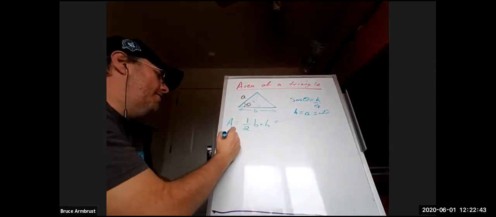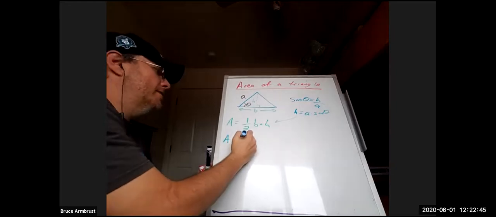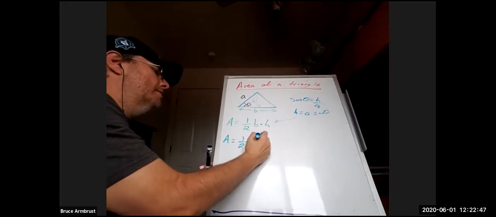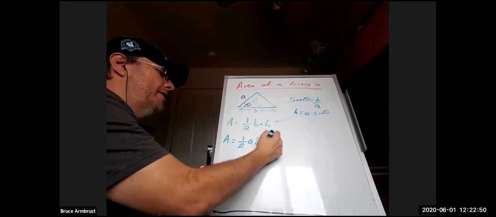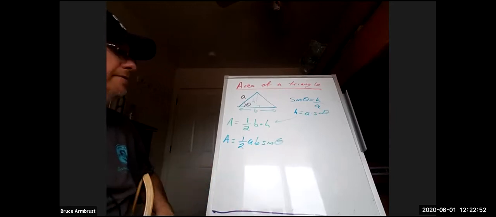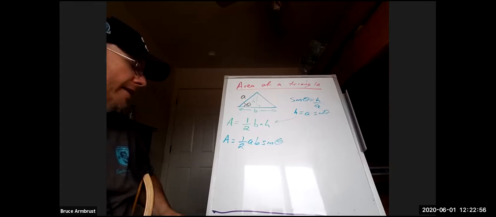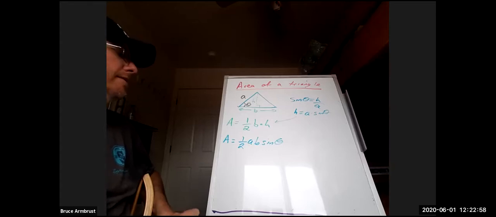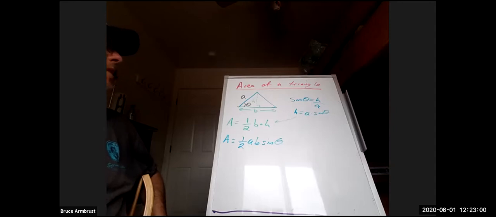So another form for the area of a triangle is actually equal to 1/2 a times b times the sine of theta. So again, notice what these are. A and b are just a pair of sides, and theta is the angle in between them.